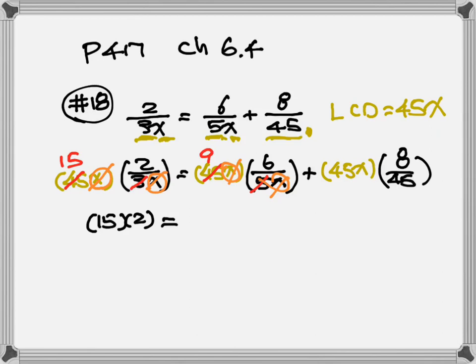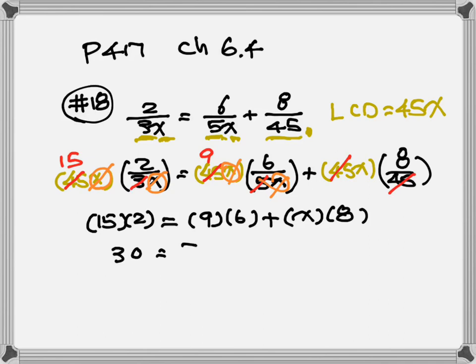So we have 9 times 6 plus, then over here, we can cancel out the 45 and the bottom 45. So here we have x times 8. Then after that, multiply, so 30x equal to 54 plus 8x.